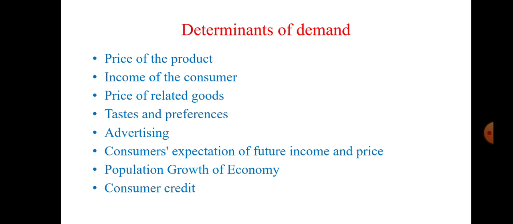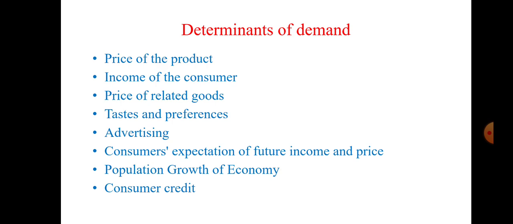The first determinant is the price of the product. The price of the product, as a major determinant of demand, influences greatly the economic functioning. Any change in the price of a product will have an impact on the demand for the same.